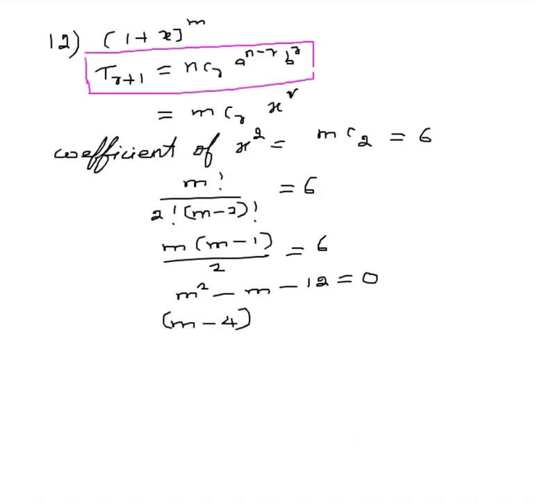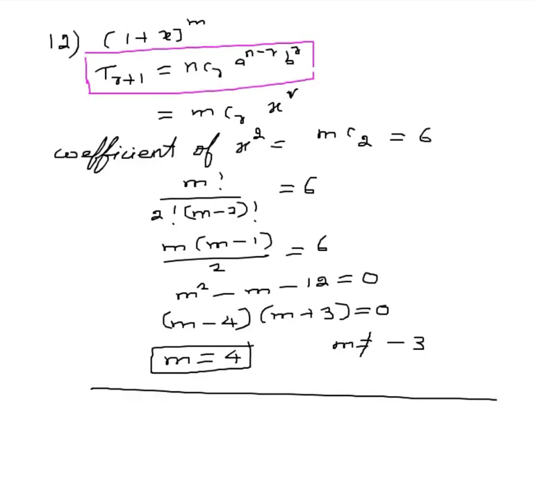Factorize. m minus 4 times m plus 3 equal to 0. We get two answers. m is equal to 4 and m is equal to minus 3. But here we don't use negative exponents. Therefore, m cannot be minus 3. The answer for m is 4, the positive value.